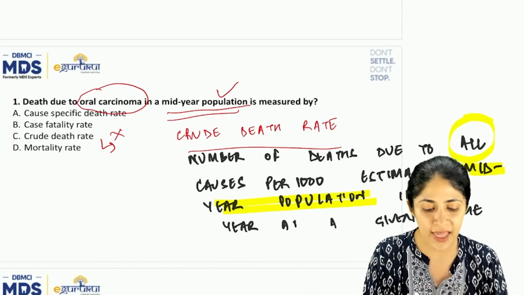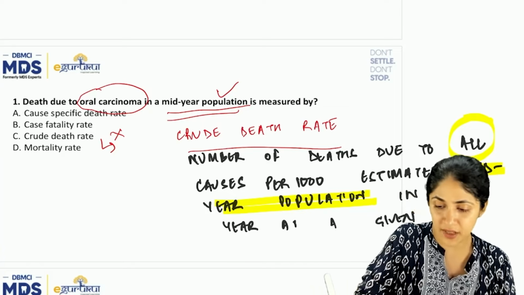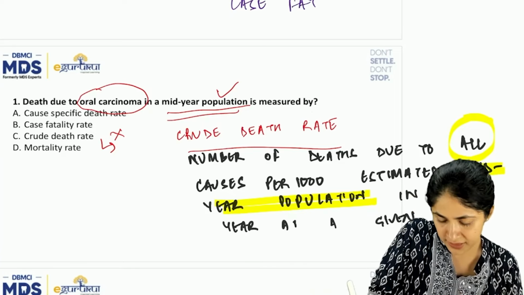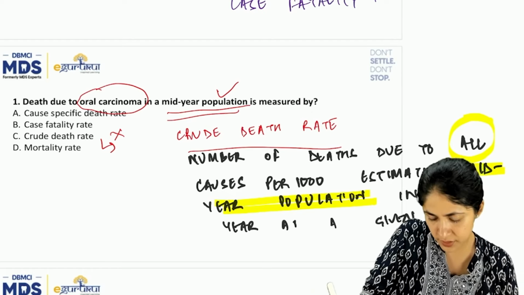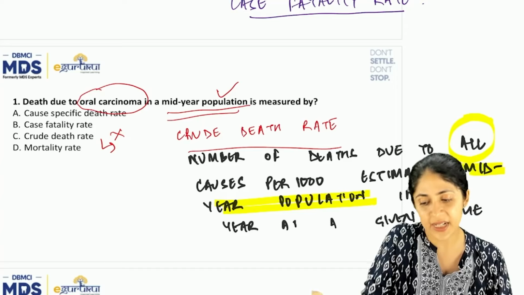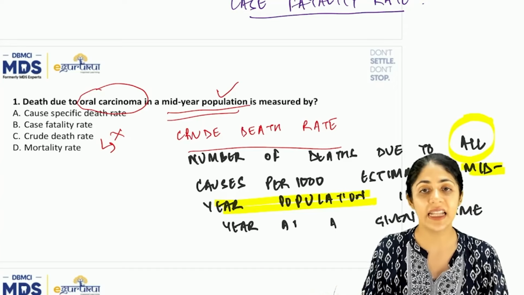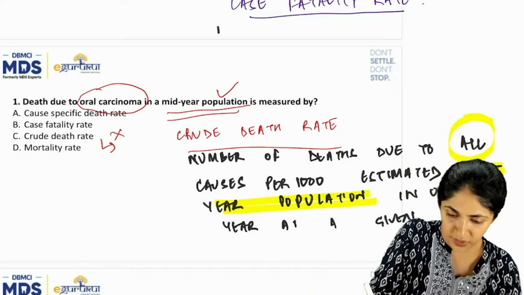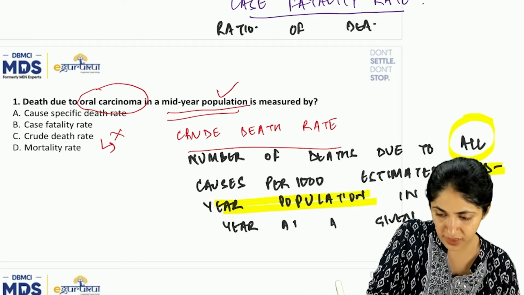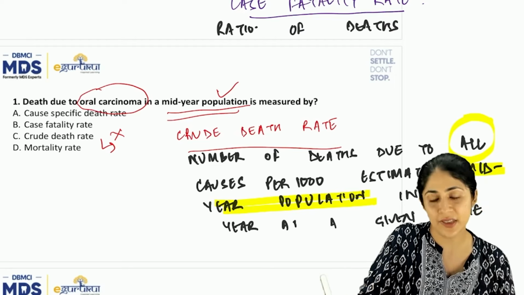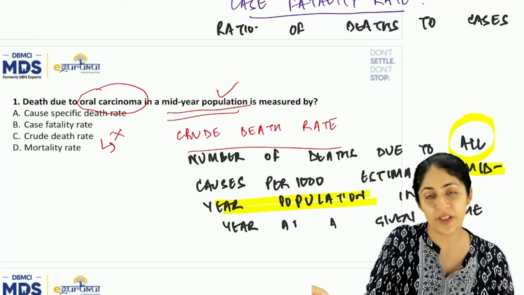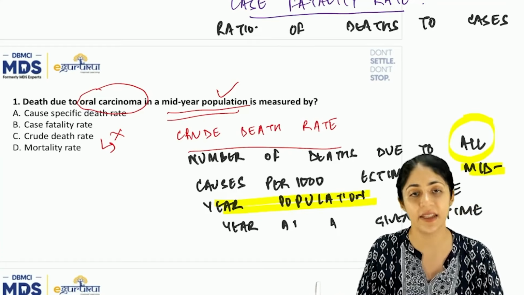Then what is case fatality rate? By case fatality rate, we understand basically the ratio of deaths to cases, okay.